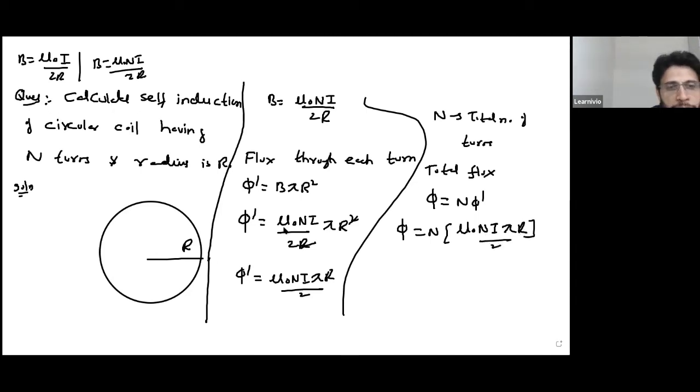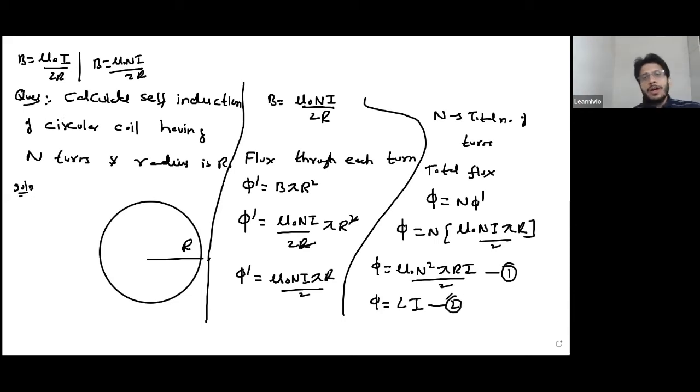You didn't take the area. So this phi is mu naught n square pi r i by 2. That's my equation number 1. Next, I can write this as phi is equal to Li. That's equation number 2. I can equate 1 and 2.